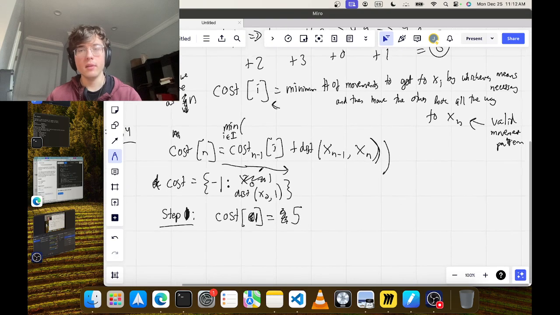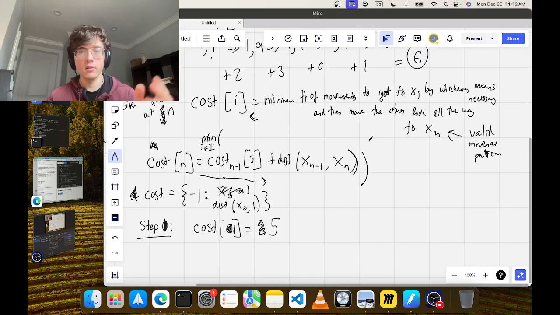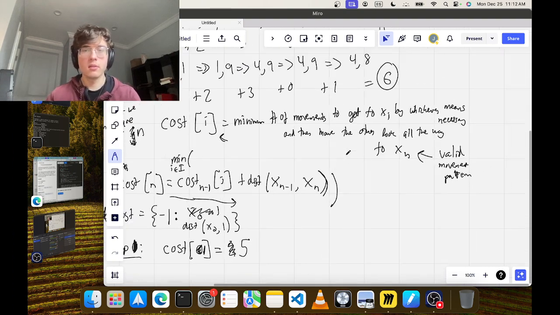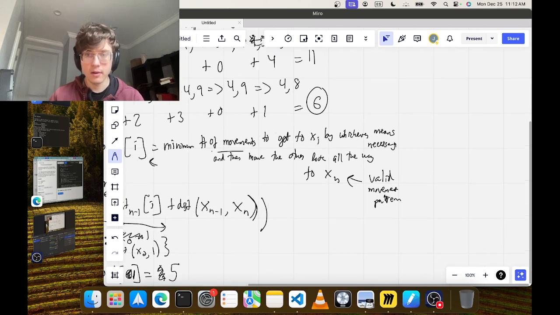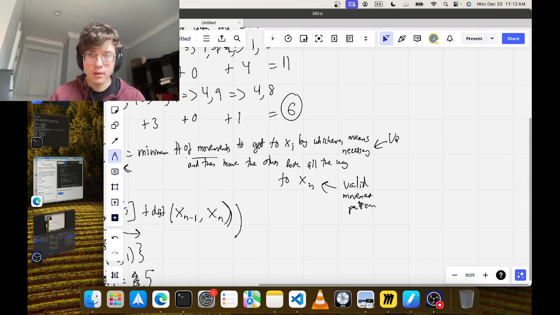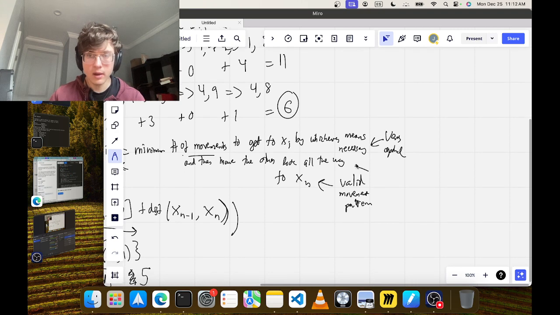However, you get to xi, and then move the other lock. So this part is optimal: minimum movement by whichever means necessary. This is very optimal. However, this second step, which is move the other lock all the way, is not optimal at all.